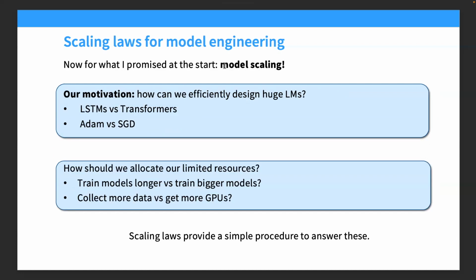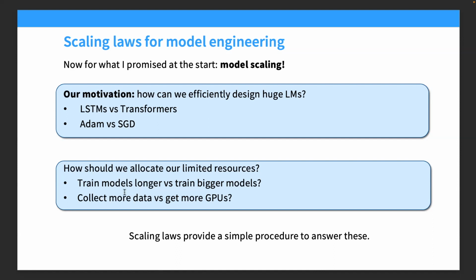Now let's move on from data scaling to model scaling. Basically, how can we efficiently design huge language models? We have so many different choices, right? We can choose different architectures, different optimizers, and also a different number of depth layers, etc. So how do we best allocate our limited resources?